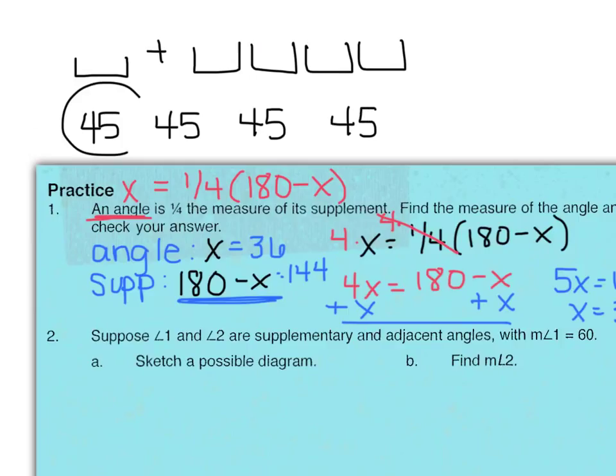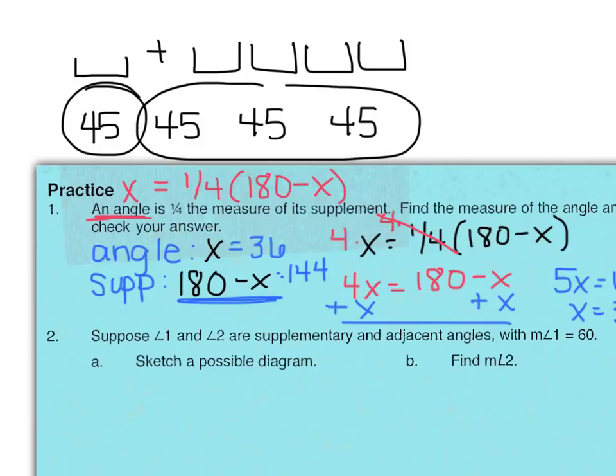So if one of the angles was 45, then the other angle would be 135, is what those 3 would be. But is 135 4 times as big as 45? No, it's only 3 times as big, right?